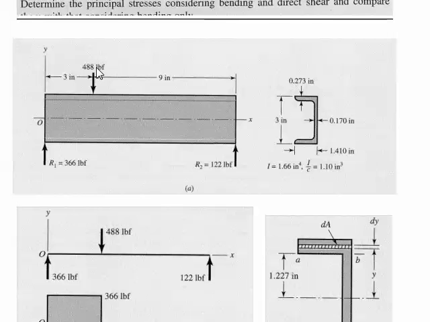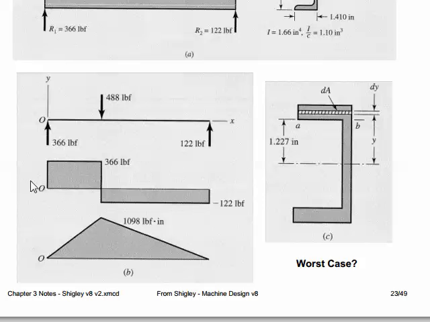Then taking the 488 pound load and doing the statics, which we're skipping here, since the load is to the left, we get a much higher reaction to the left, 366 and 122 here. And if we draw the shear and moment diagrams, we have a 366 up, constant and over, and then 488 down and over, and then up 122.